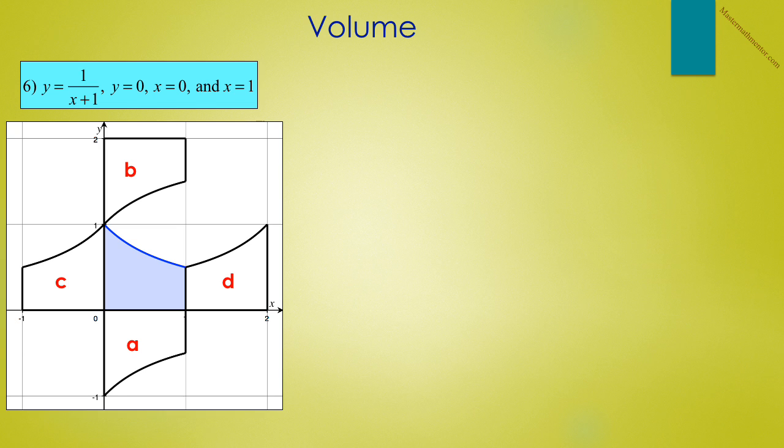We will first rotate about the x-axis, showing a mirror image across the x-axis, which is A. Then across the line y is equal to 1, and the mirror image is in B. Then the y-axis, which gives the mirror image in C, and then the line x is equal to 1, giving the mirror image in D. And we would like to compare all four volumes from the highest to the lowest.